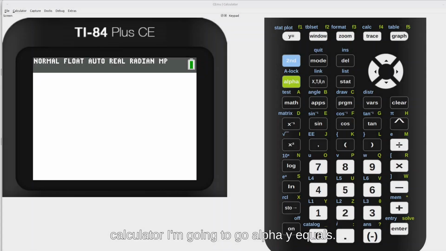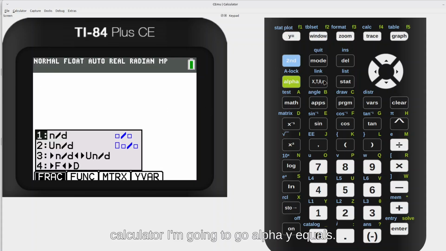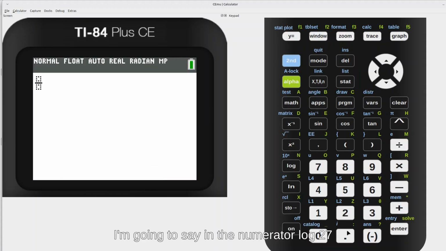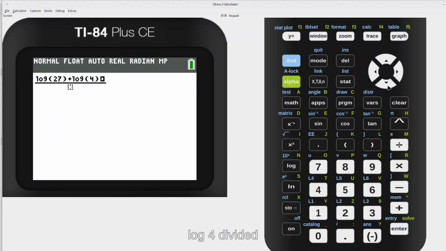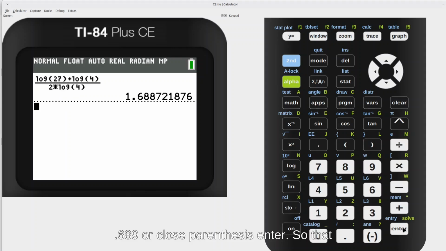Okay, so in our calculator, I'm going to go alpha y equals. I'm going to say in the numerator, log 27 plus log 4, divided by 2 times the log 4, close parentheses, enter.